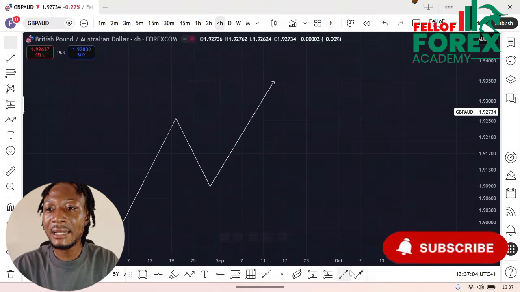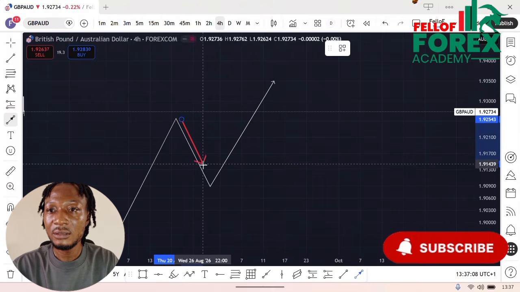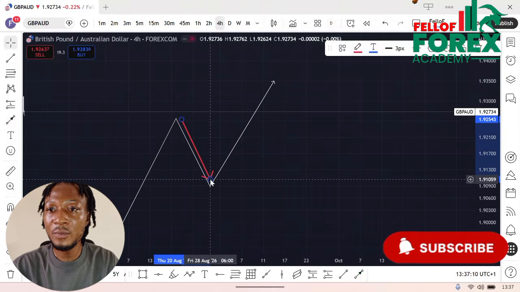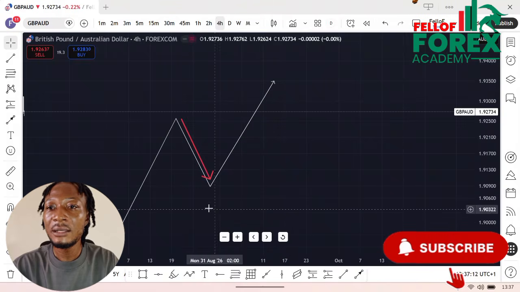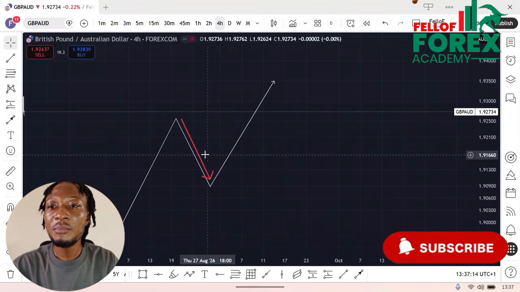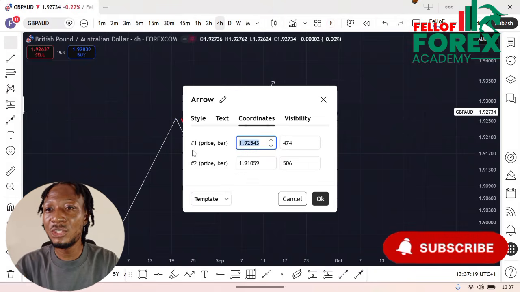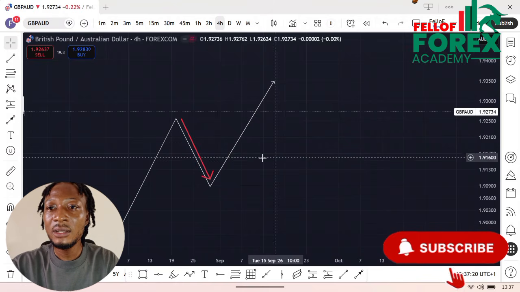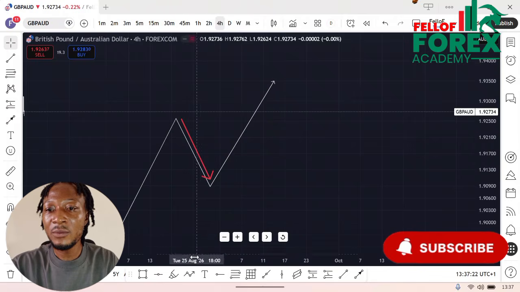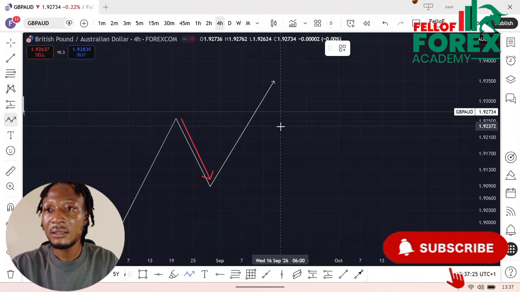Now I want us to look at this move, this pullback, because we know that overall we are bullish, but we must have pullbacks during a bullish trend, okay? And now, since we are looking at this pullback, this is how it looks like, okay?